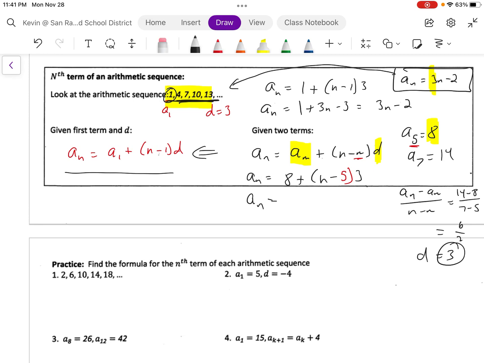So we have a sub n equals 8 plus 3n minus 15. So a sub n equals 3n minus 7. Okay, so hopefully that makes sense.